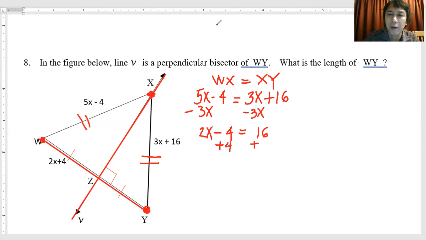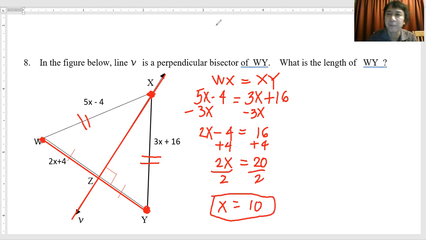We get 20 at the right. The left side is now 2x. After division by 2, x is found. x is 10. Now we can proceed to WY.